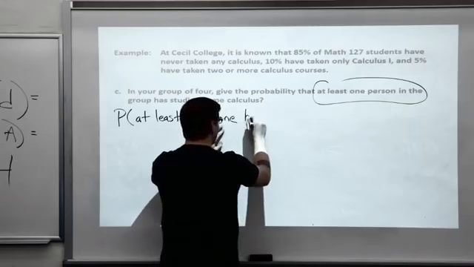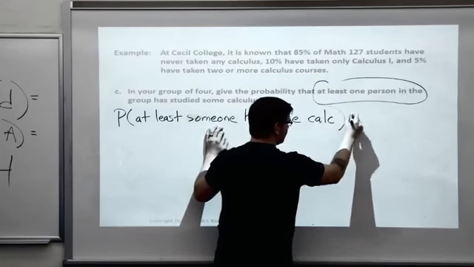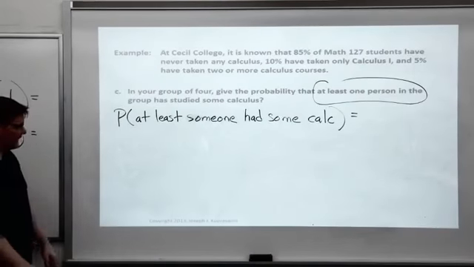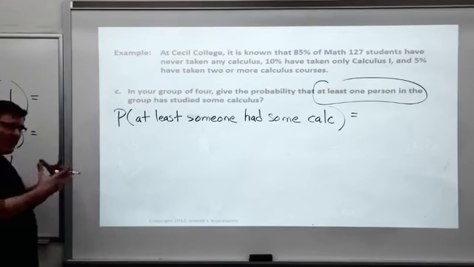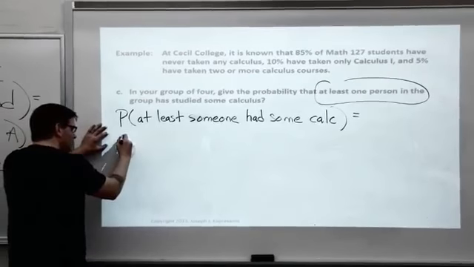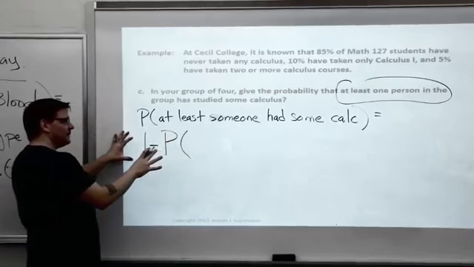Probability at least someone had some calc. Right, your group of 4, what's the chance at least one person has had some calculus? All those combinations. There's only one combination that's not in that, so we're going to use the complement rule. 1 minus the probability of the complement.